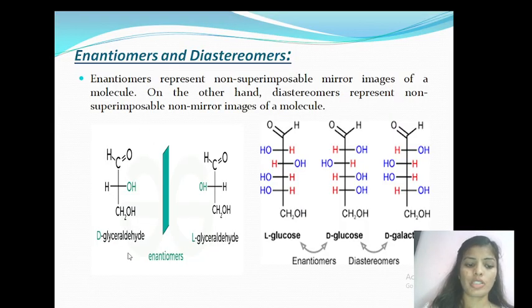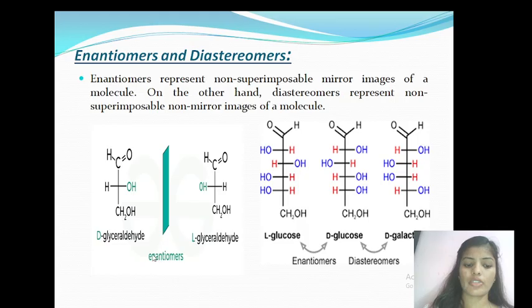For example, see here, this is D-glyceraldehyde and this is L-glyceraldehyde. Both molecules are the same, but there is a difference: here hydrogen is on the right side and OH group is on the left side, but here OH is on the left side and hydrogen on the right side. Both are identical, but they differ in the arrangement of atoms, and these are mirror images.